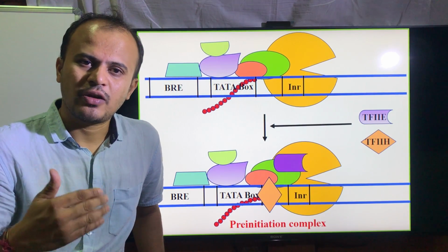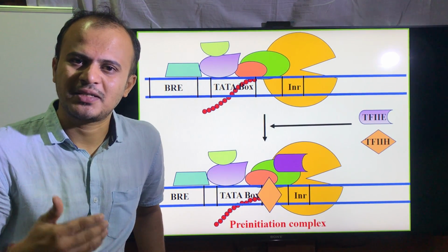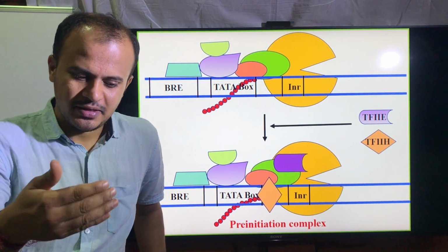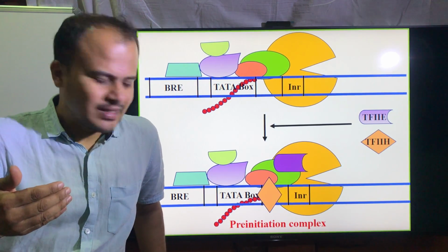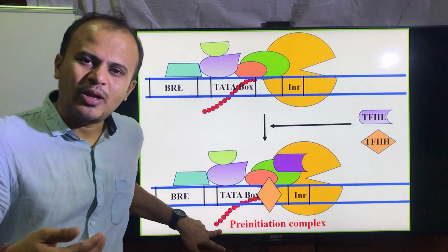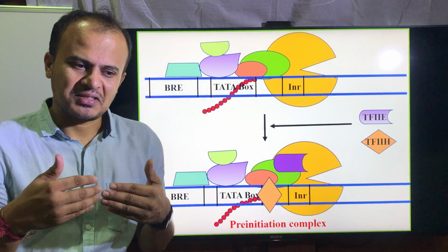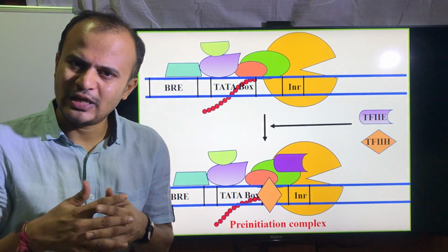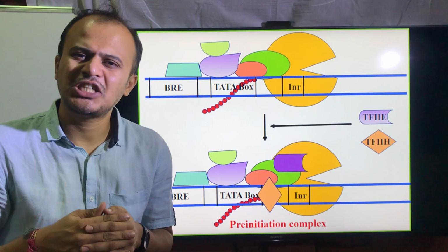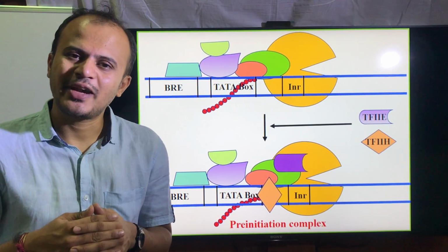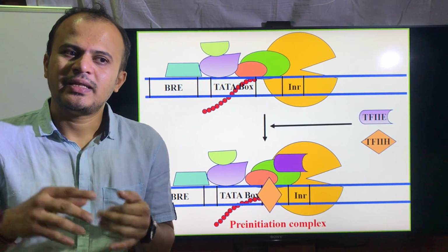We are calling it the pre-initiation complex, not the initiation complex. Here, the difference is that the tail of the RNA polymerase is not phosphorylated. The tail is the C-terminal domain of the largest subunit of the eukaryotic RNA polymerase.